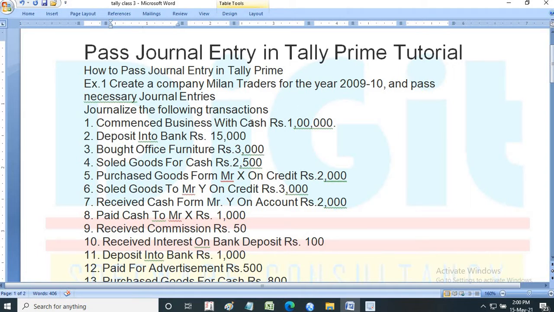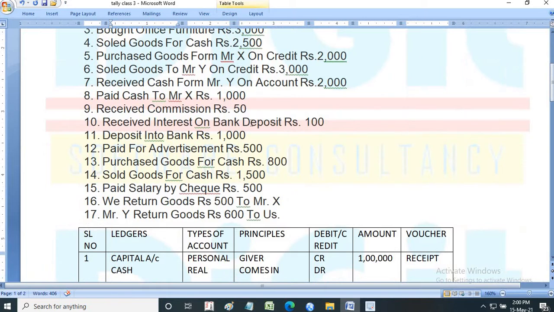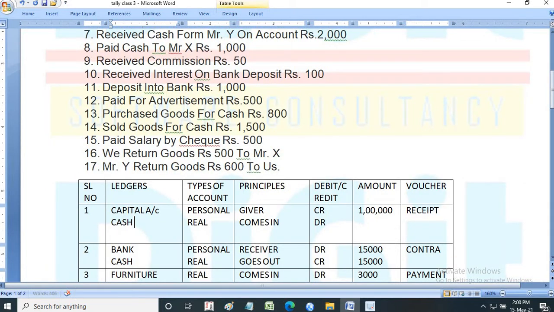Sometimes it may be more than 2 also. Like if the businessman has started business with cash rupees 1 lakh and say furniture rupees 15,000, then the furniture account also will be involved in this transaction. But as in this case furniture is not there, only 2 ledgers will be there, one is capital and one is cash.